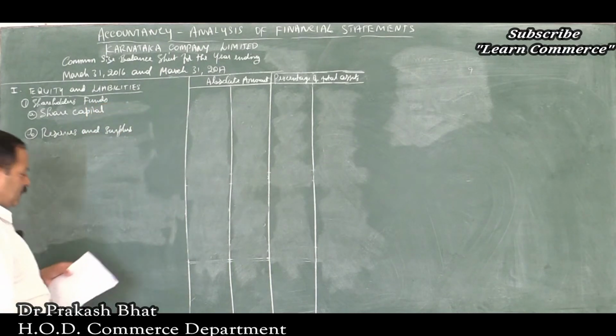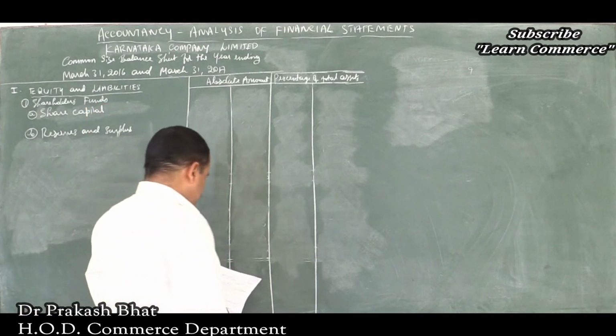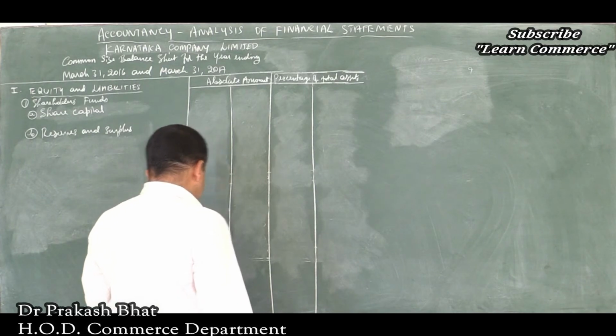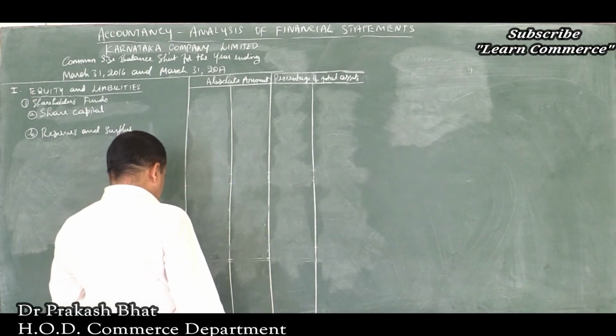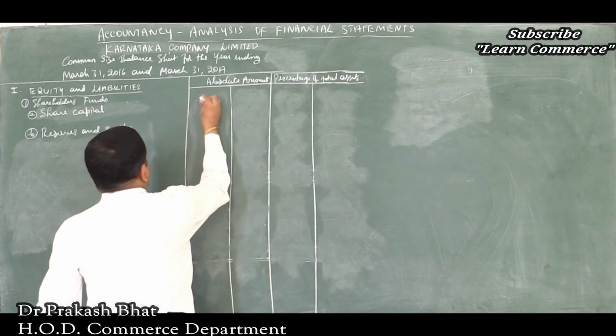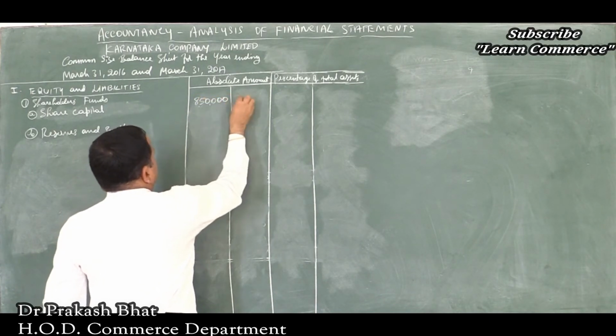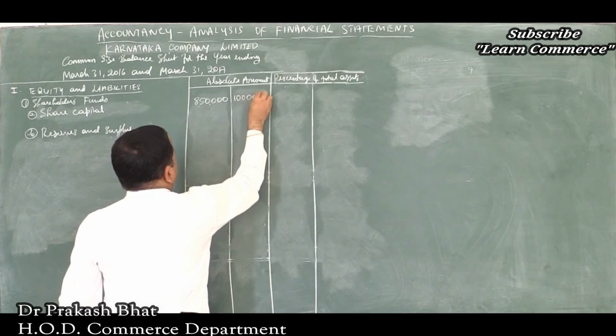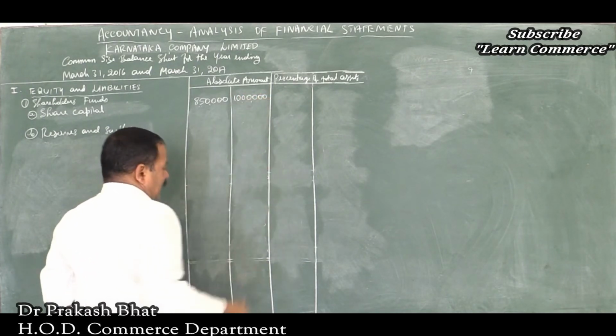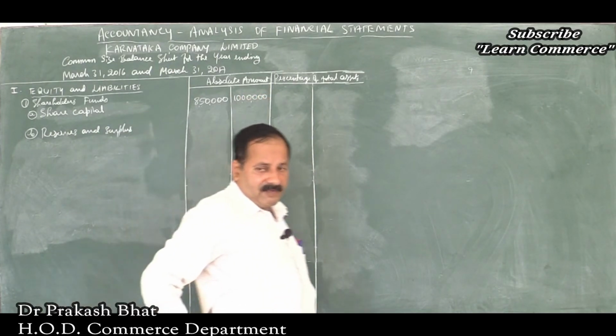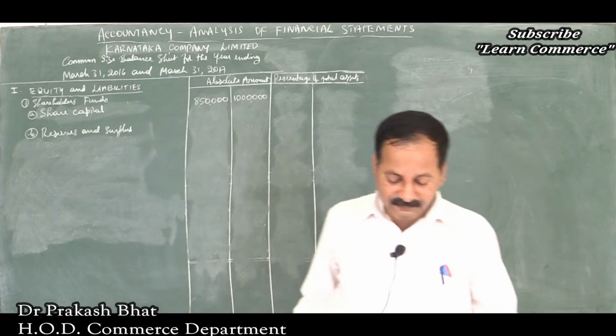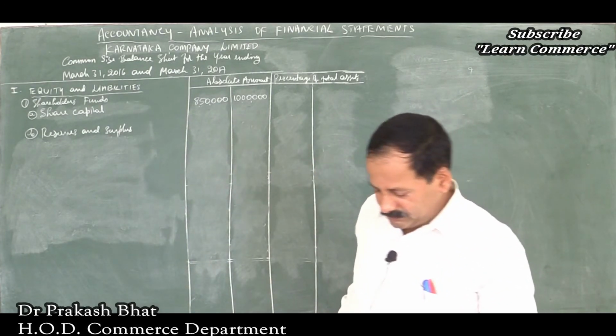Share capital. Write the amount. How much? 8,50,000 and 10 lakh. Is it correct? Yes. 8,50,000 and 10 lakh, right? Yes, 10 lakh. Percentage.